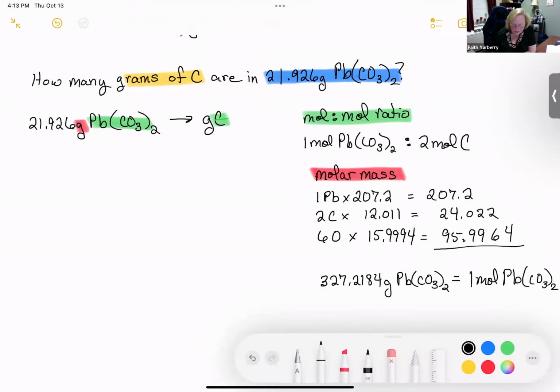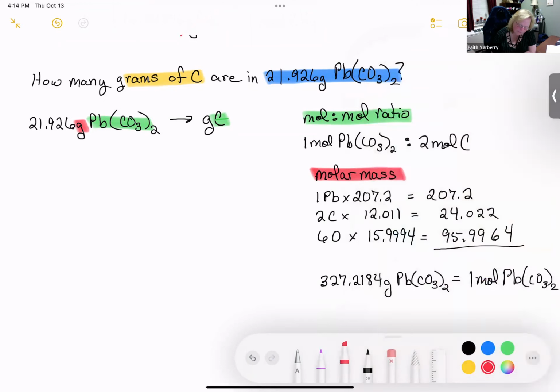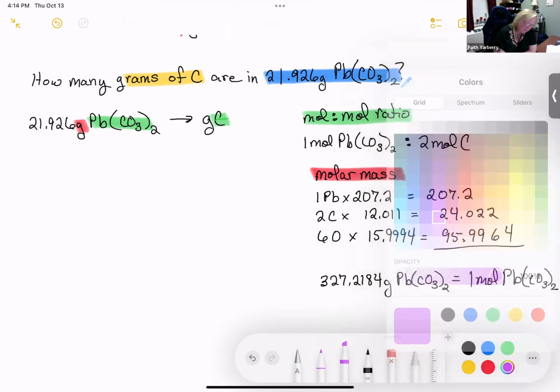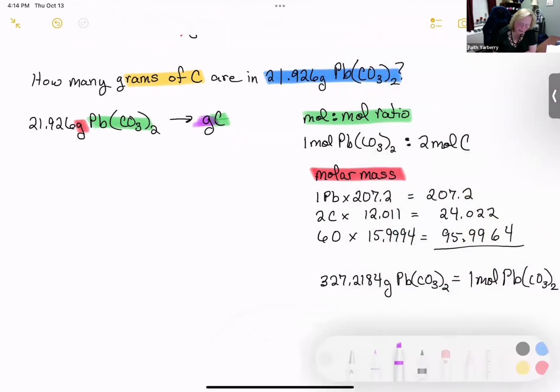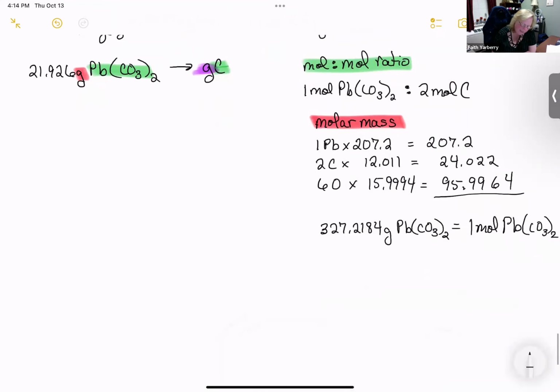Continuing on, the next thing I notice is that I need grams again. Anytime I need grams, that means I've got to have the molar mass.